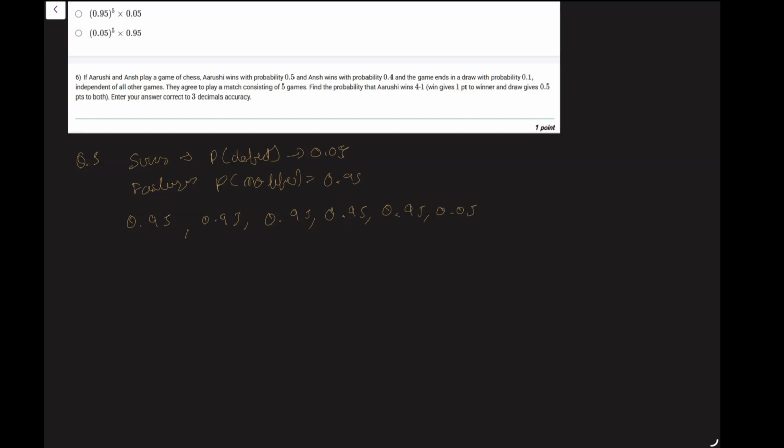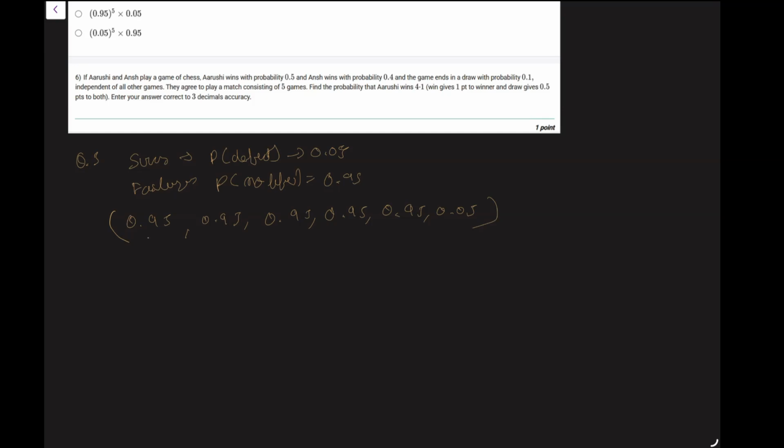Now you have to combine the probability to get the total, but you have to remember: are you going to add or multiply? If you remember from my previous video, the key thing here is to check if you're getting the keyword or, and.